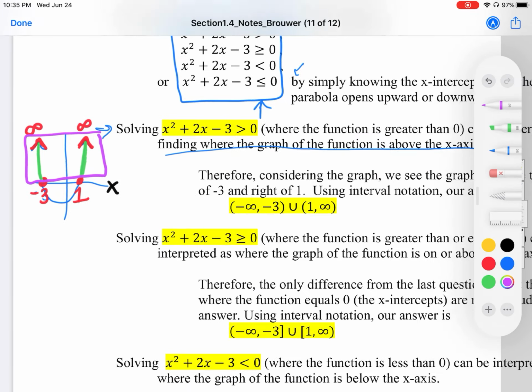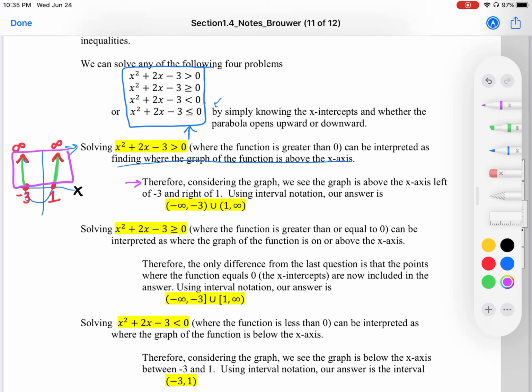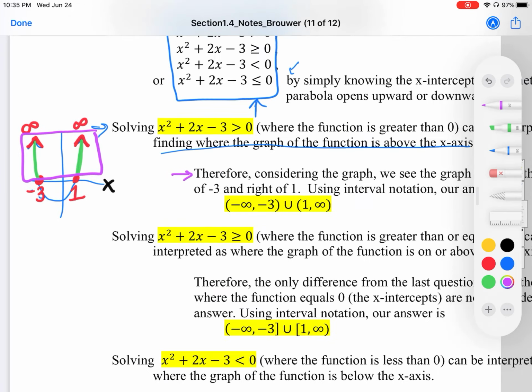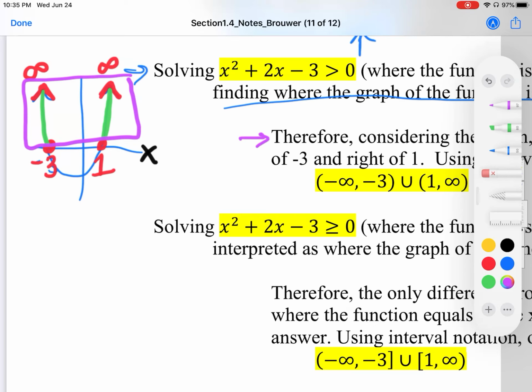Therefore, considering the graph, we see the graph is above the x-axis, left of -3 and right of 1. Using interval notation, our answer is negative infinity to -3, and 1 to infinity. I was kind of misleading by saying going up. We're looking for the numbers that are going to contribute to our x-intercepts.